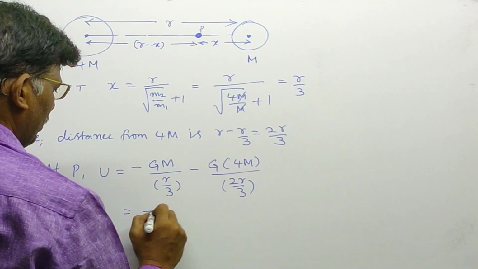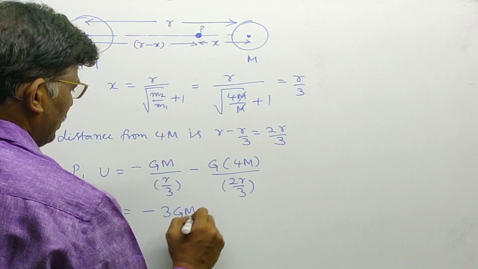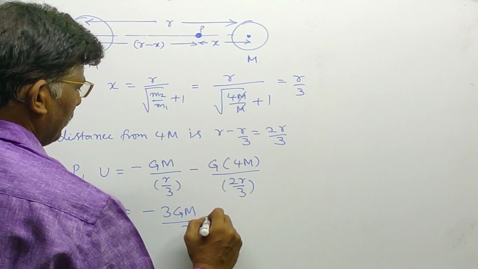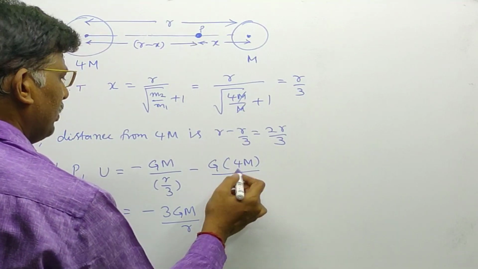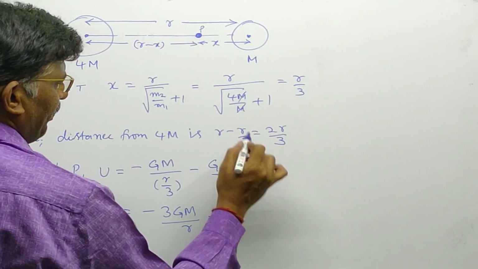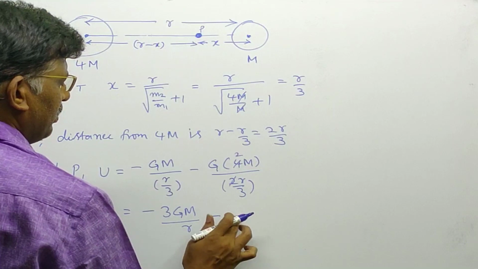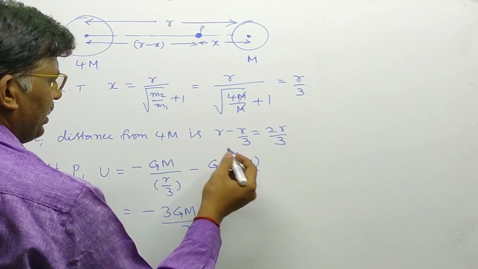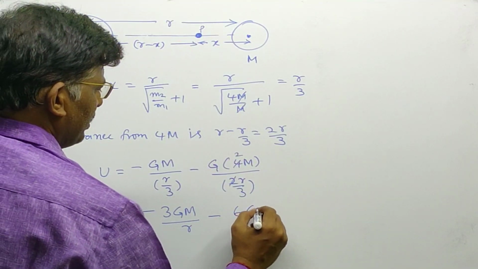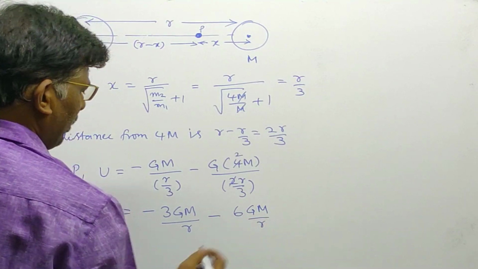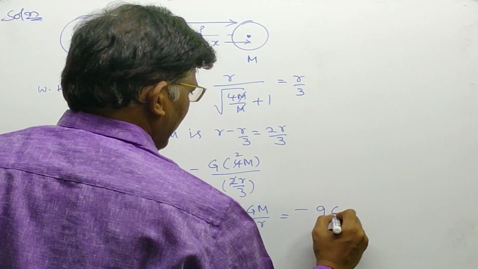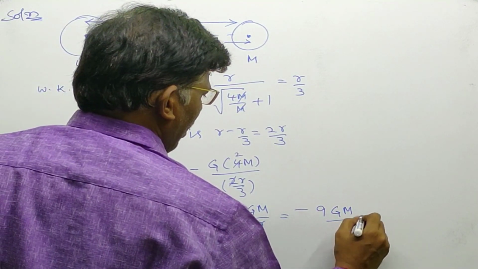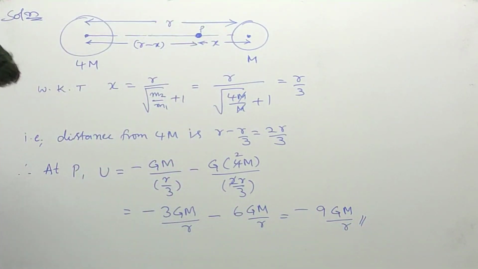That is equal to minus 3Gm by r minus 3 into 4, 12, or we can take it as 2 twos are 4, so 3 goes to the numerator, therefore 6 Gm by r. Minus 3 minus 6 is minus 9, so it is equal to minus 9Gm by r, which is the total gravitational potential at the null point.